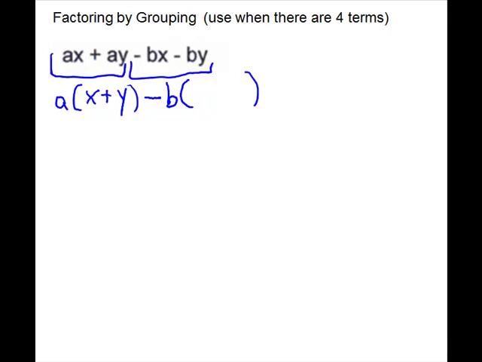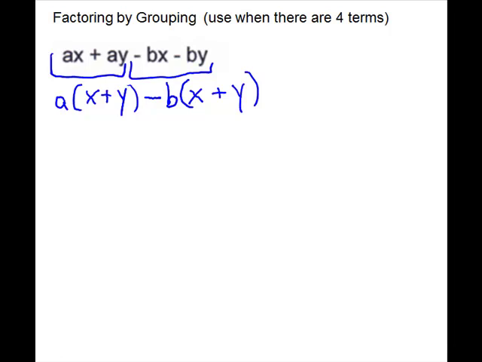Right? To get back there for the first term of that group, I'm missing an X. For the second term, be careful. You pull this minus to the outside, so you are missing a plus Y. I always double check if I take a negative out. Just multiply it back. So this will be negative BX, which is good, and it will be negative B times Y, which is good.